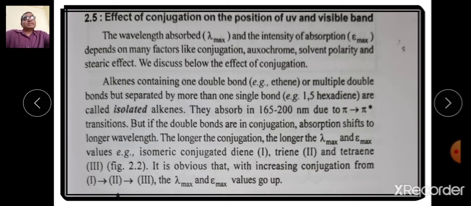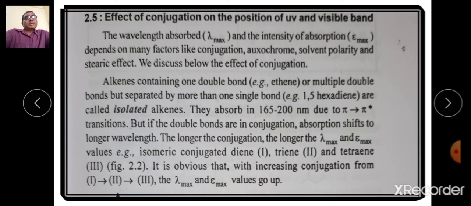Now, let us see the effect of conjugation on the position of the UV visible band. In the UV visible band, what is the effect when conjugation is increased? What is the effect on the band?